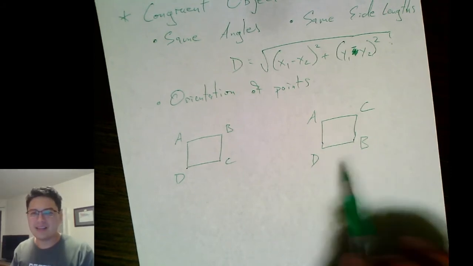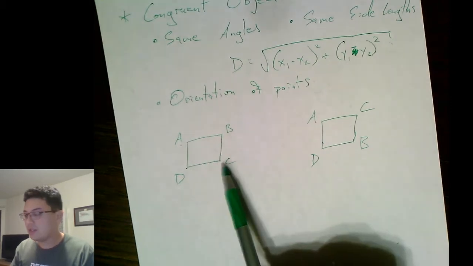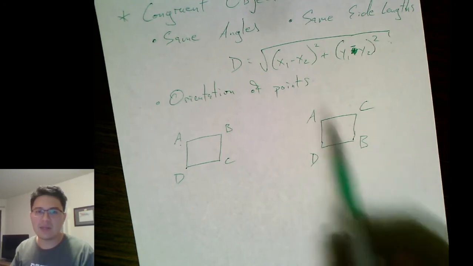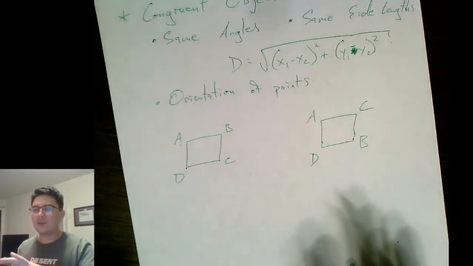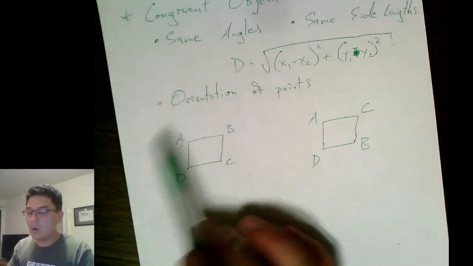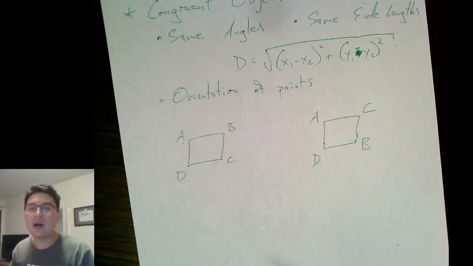There really isn't anything that does this, because you'll notice here that A is diagonal from C, but A is no longer diagonal from C, which means this is a transformation that can't happen. That's orientation of points. So when you're doing reflections or rotations or translations, orientation of points, or the layout of the object, has to remain constant.